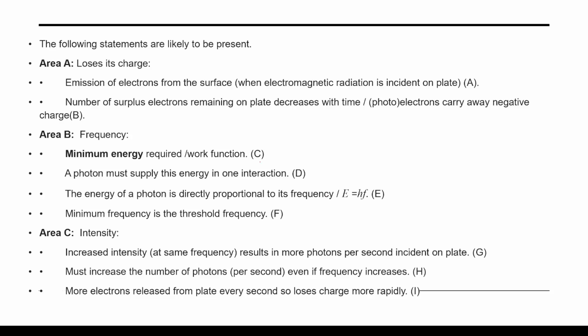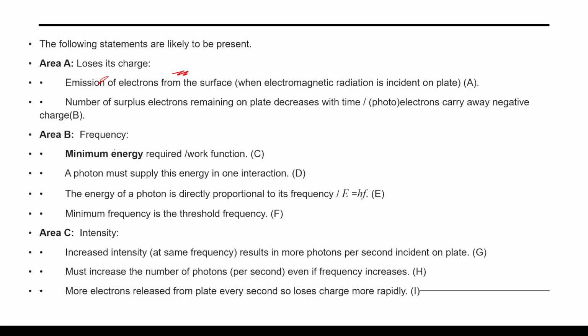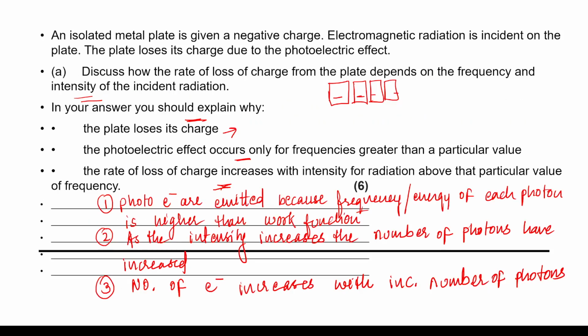Let's just check the mark scheme. Loses charge, we explained why it loses charge, because of emission of electrons from the surface. Photoelectrons are emitted. Did we write emitted? Yes, so emitted, so that gets the first mark. Then the photoelectric effect and the frequency.